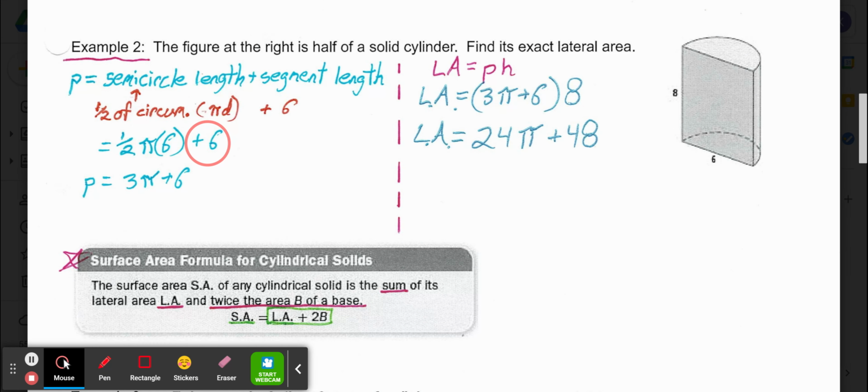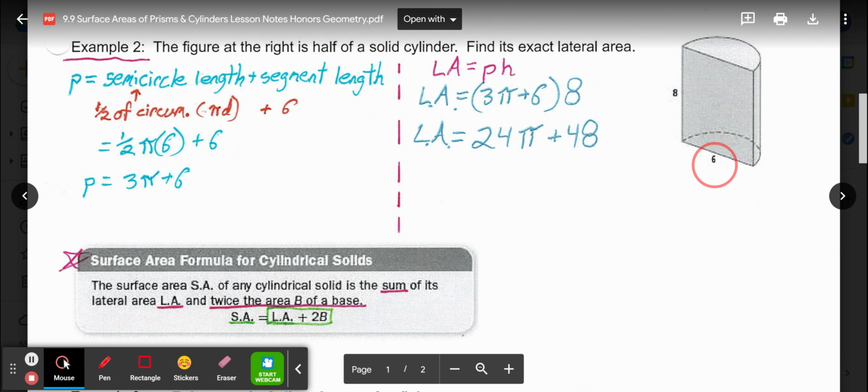So the perimeter of this base could be represented by 3 pi plus 6, because a half times 6 is 3 pi. We're going to leave it in terms of pi because they want the exact lateral area.